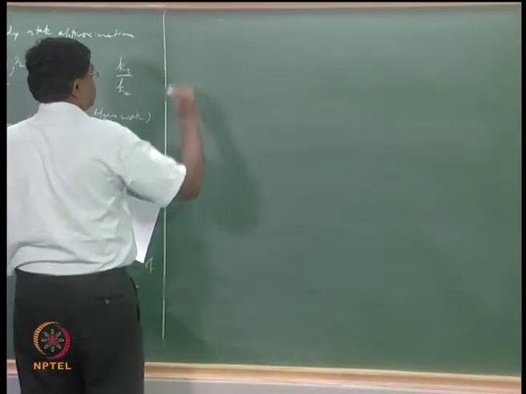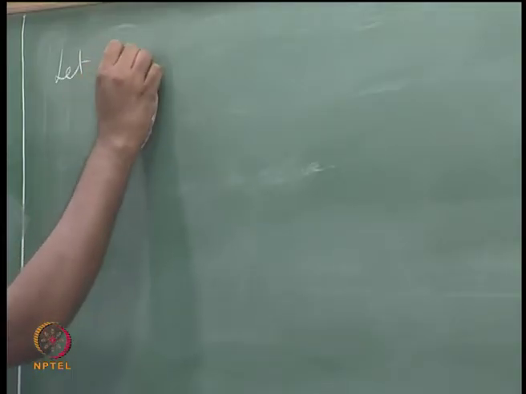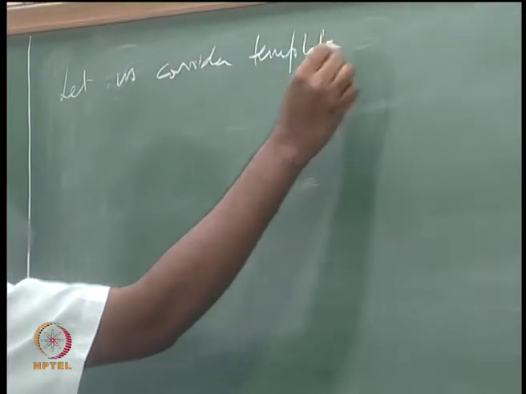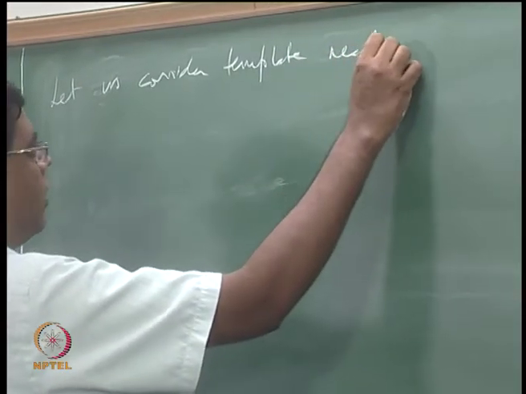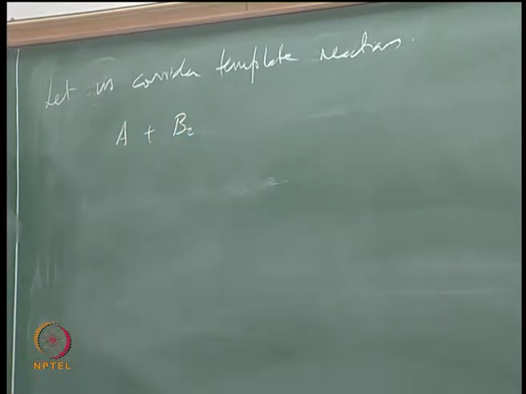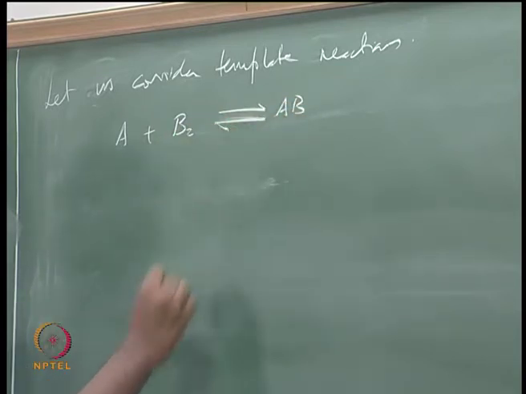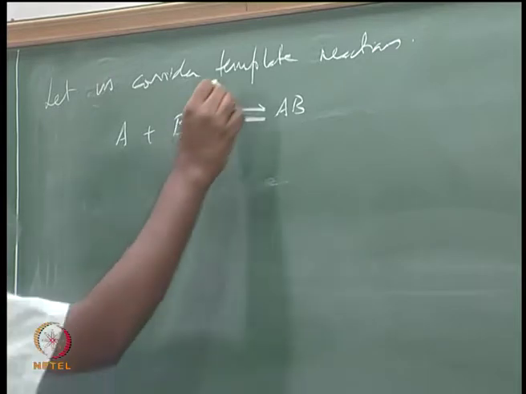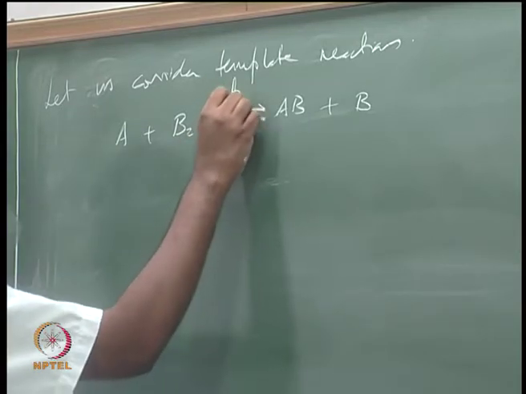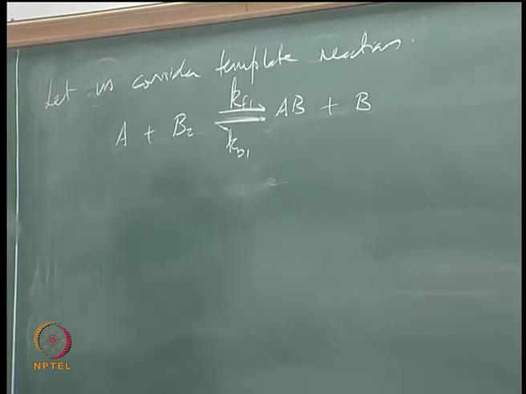Let us consider template reactions. Let us say A plus B2 gives AB plus B, and this is forward and backward, with rate constants Kf1 and Kb1.